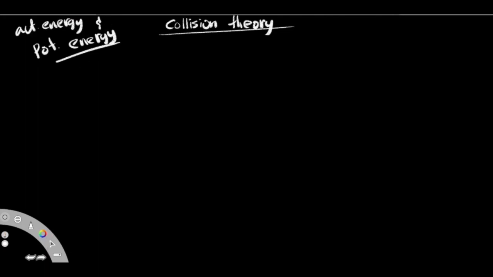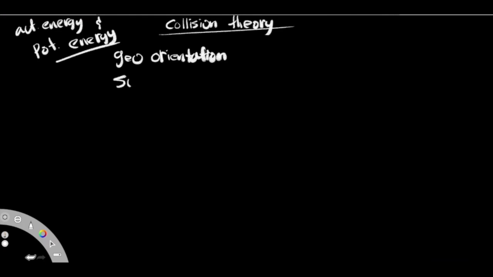The previous video was about how a reaction can proceed, and the two different metrics that are required. The first metric, for the reactant particles that are about to undergo a reaction, is the correct geometry and orientation between the reactant particles.